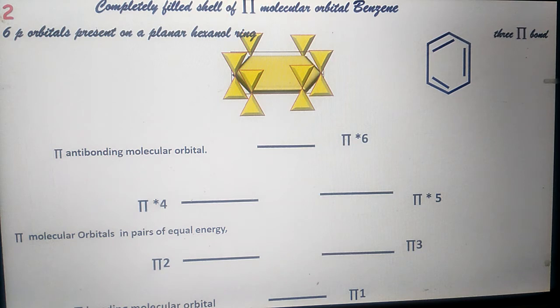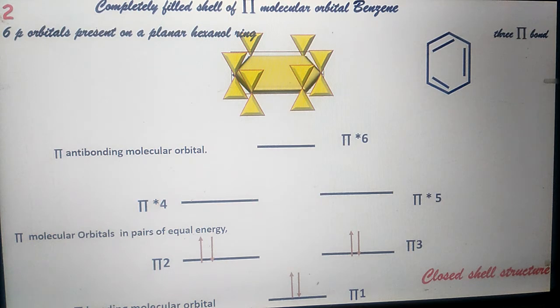If we accommodate this 6 electron in these pi molecular orbital, all the electron become paired. When all electron become paired, then we call it completely filled shell of pi molecular orbital, and it results in closed shell structure.